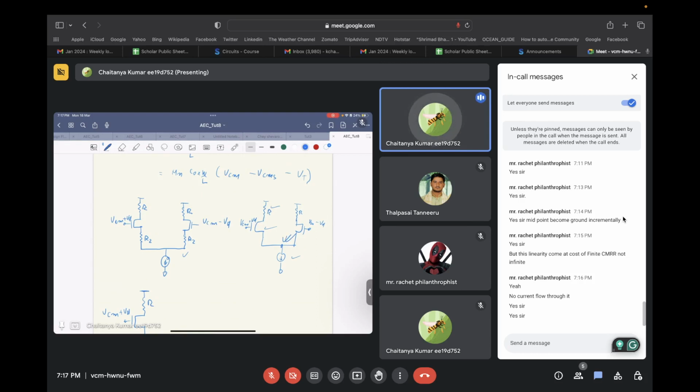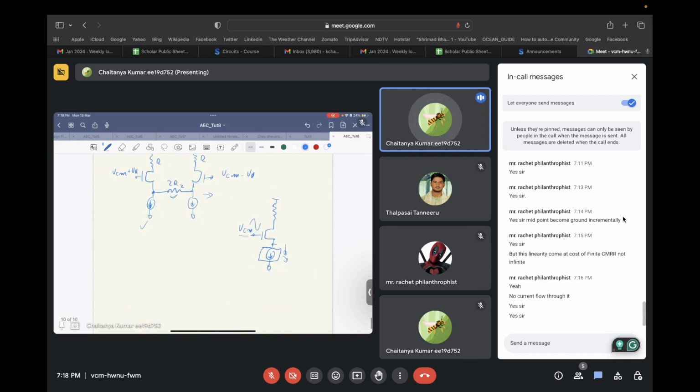So incrementally CMRR has not changed, but for a large signal it might happen that VCM swings a little too high and this transistor goes into triode. So for the large signal case there is definitely an issue. But if VCM doesn't swing that much, you can still get by with what you have right now.